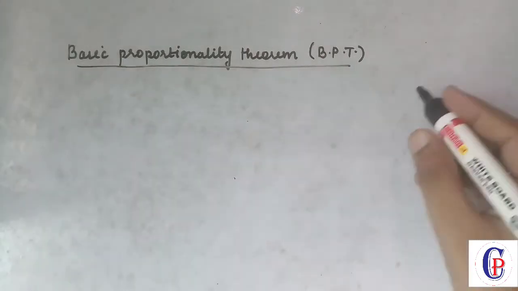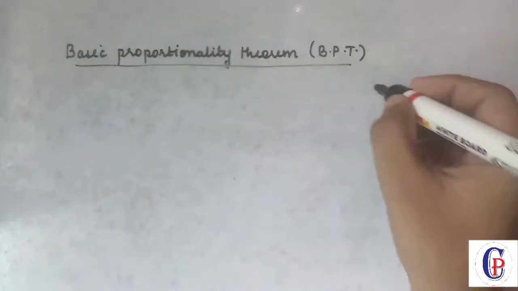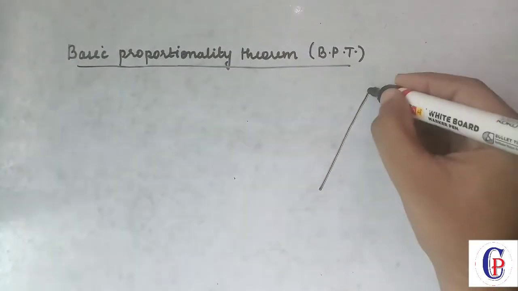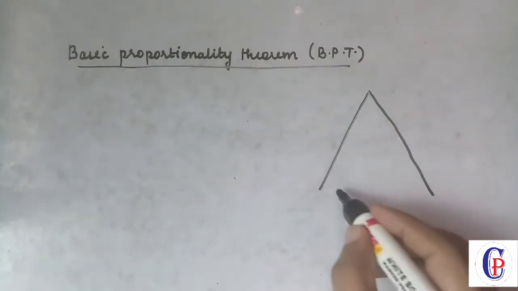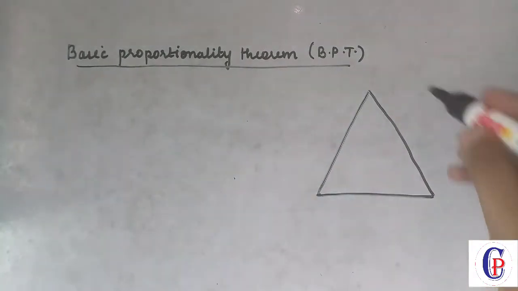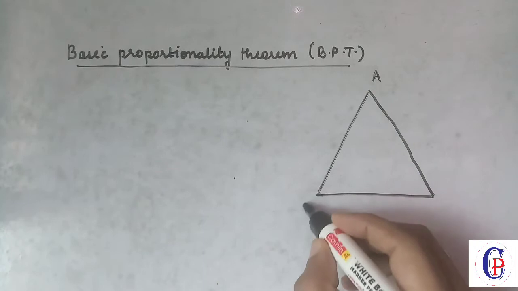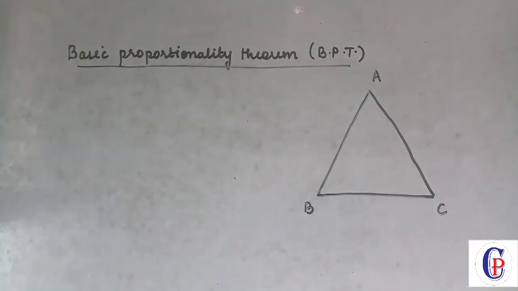So what does the BPT theorem say? It says we have a triangle, let us name it A, B and C. The first thing you should know is that BPT is applied only in a triangle.